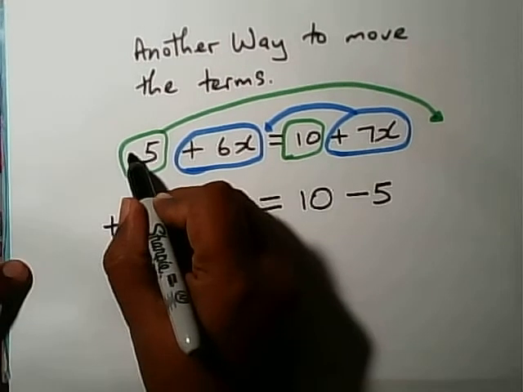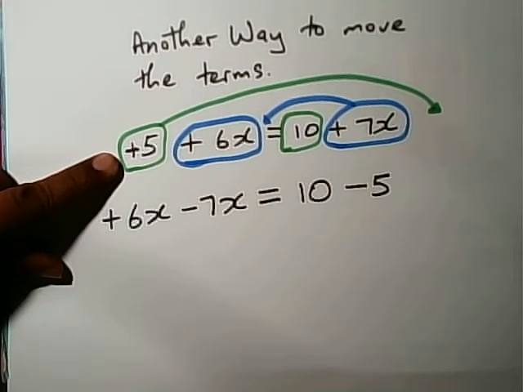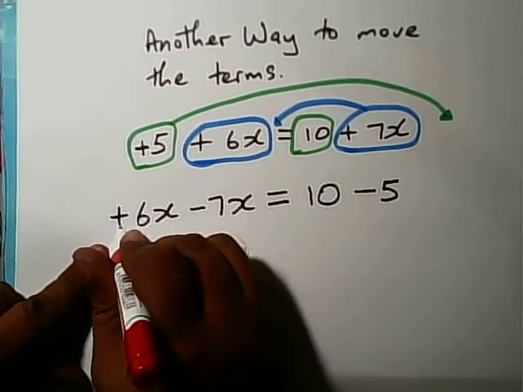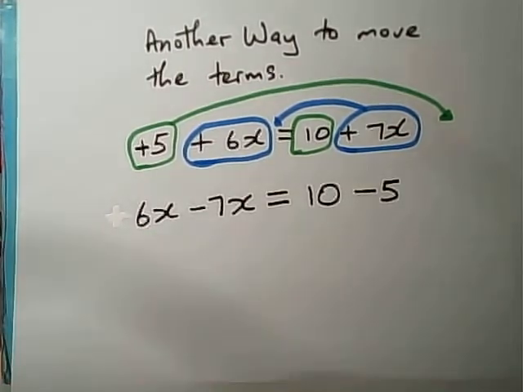Understand that? This was a positive 5. Remember, if your first term is positive, you don't have to write it in. You could leave it out. Here, our first term is positive. We don't need to write it. We could leave it invisible.